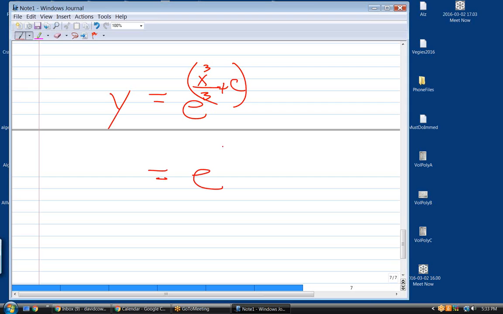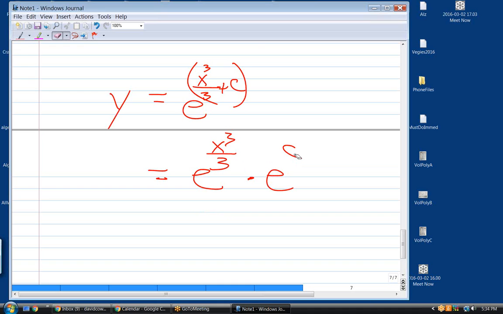So that's the same as e to the x cubed over 3 times e to the c. In other words, if I said do that, you would add the exponents, right? So we're unadding them.